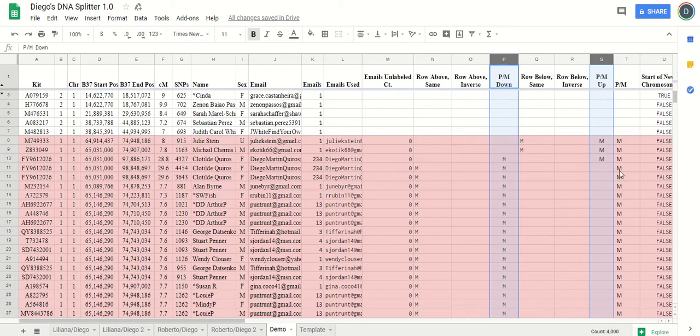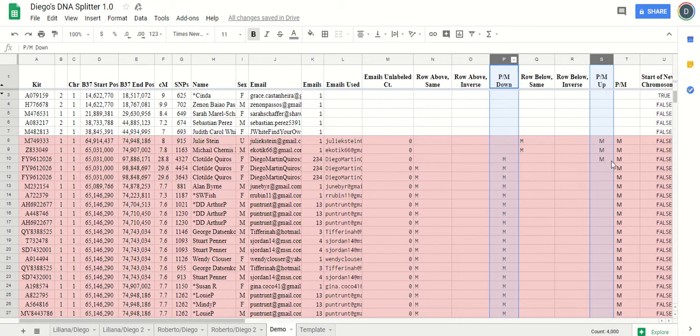The overall is M. If there is a conflict, if one says M and the other one says P, then T will be set to X, and anything coded with X will be automatically highlighted with red. The entire row will be highlighted with red.